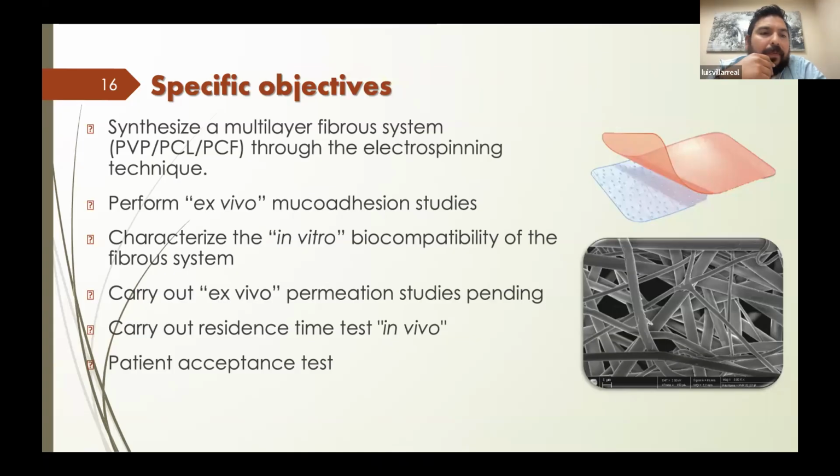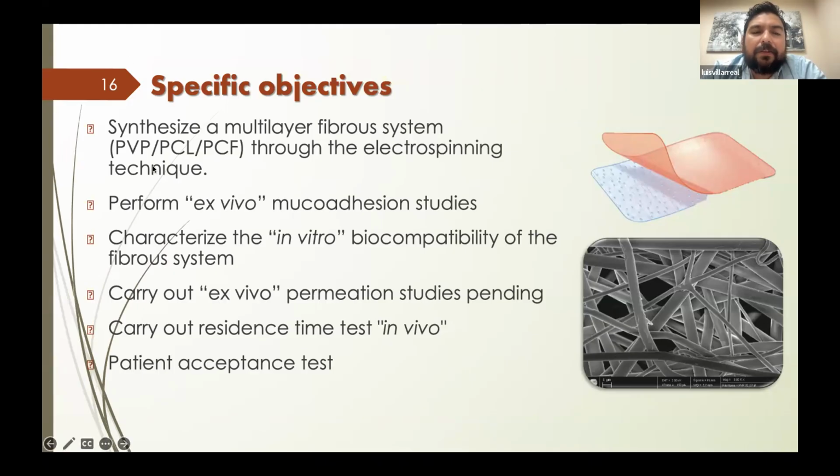For example, polyvinyl pyrrolidone is loaded with the dexamethasone drug, and this will degrade in seconds when the electrospun patch is applied to the patient. So the polymer will be degraded and release the drug fast.